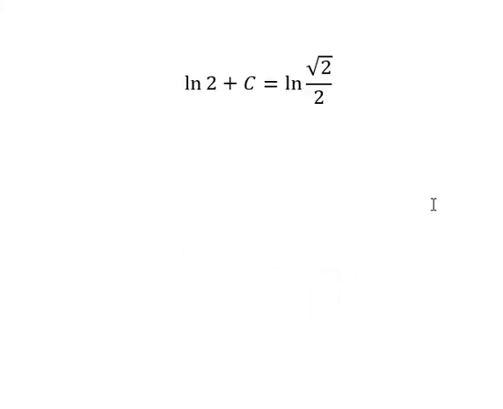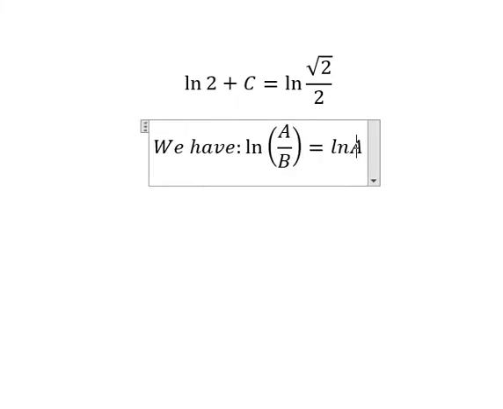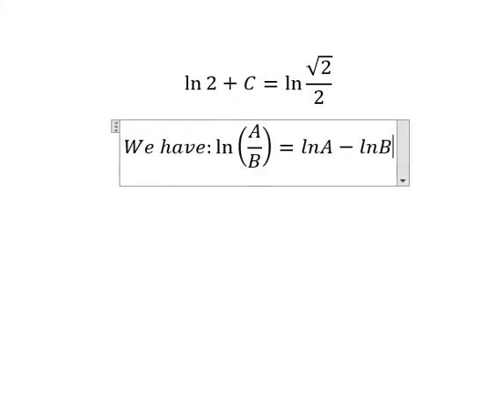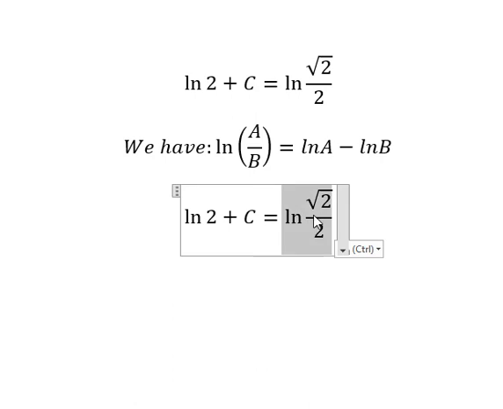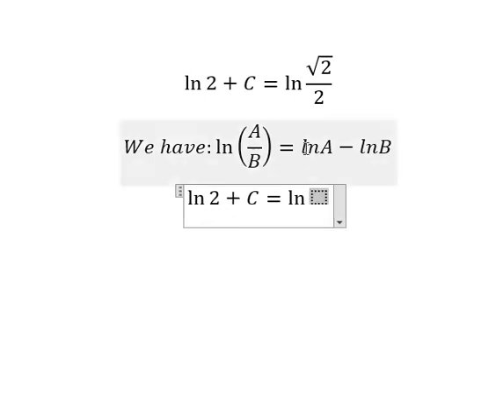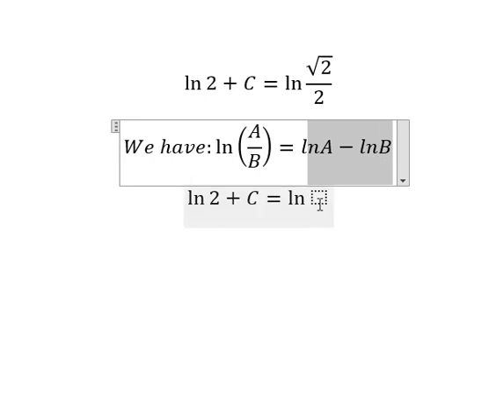Next, we have the formula in here. So this one, capital A, that is the square root of number 2. Capital B, that is number 2. We need to transform into this one.